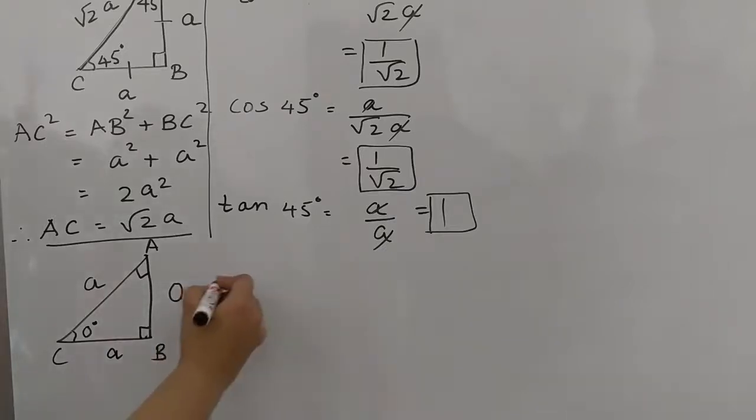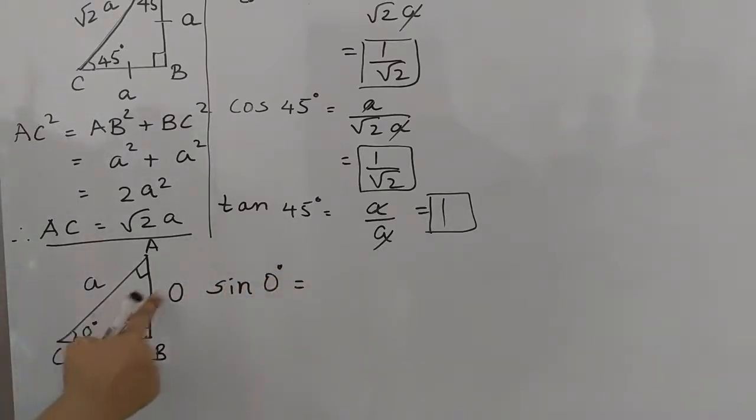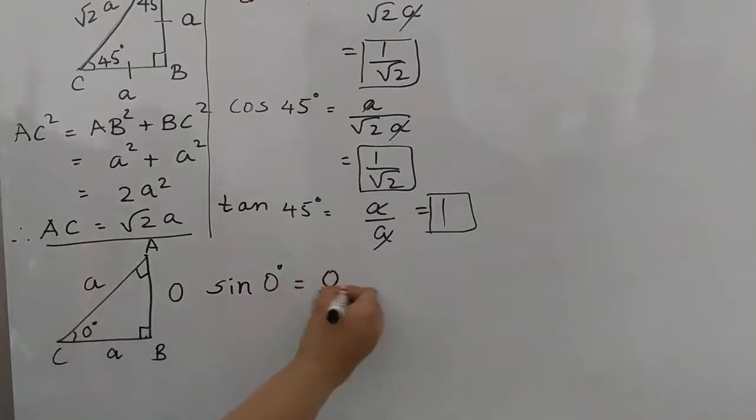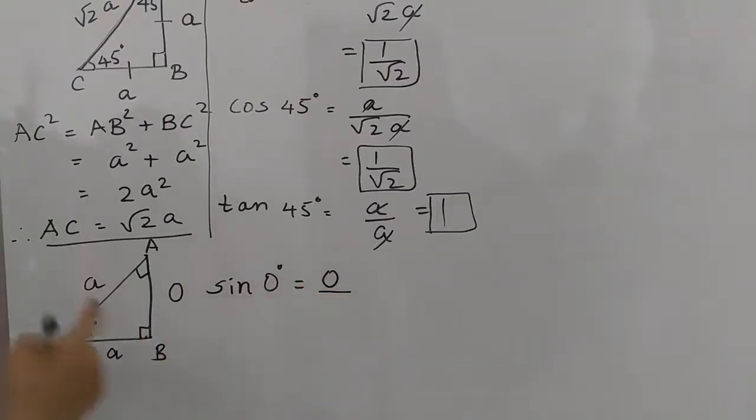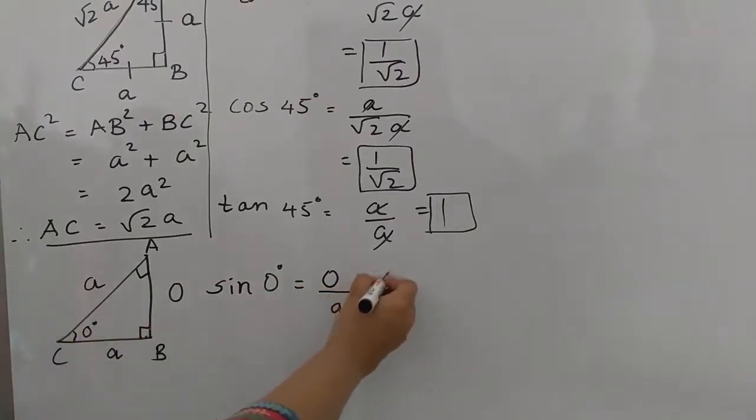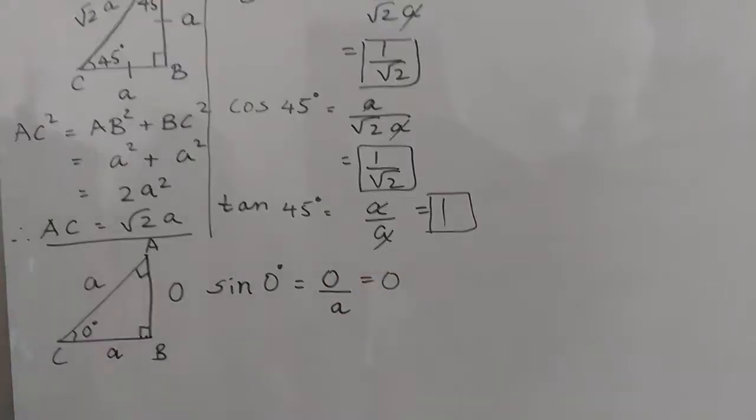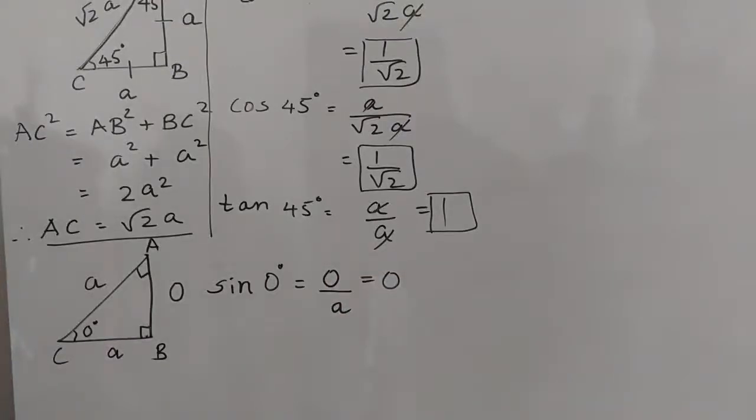Now let us start with sine 0 degree. So sine ratio means opposite. So opposite to 0 is 0 and divided by A, that is hypotenuse. So I get 0. 0 upon any value is always 0. Now I take cos 0. So cos 0 means adjacent to it, A, upon hypotenuse also A. So A gets cancelled.